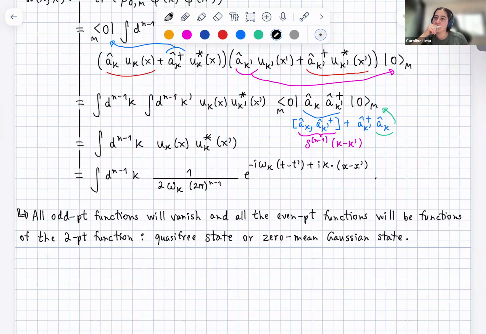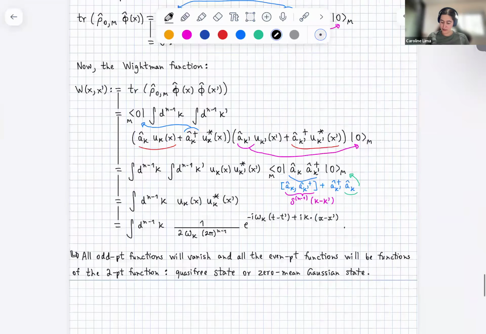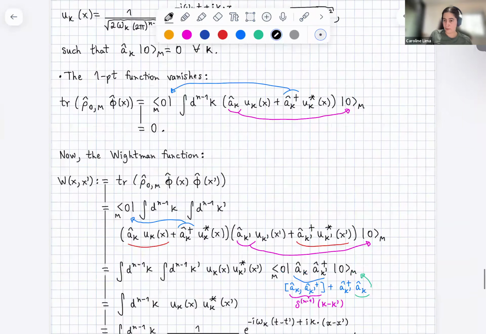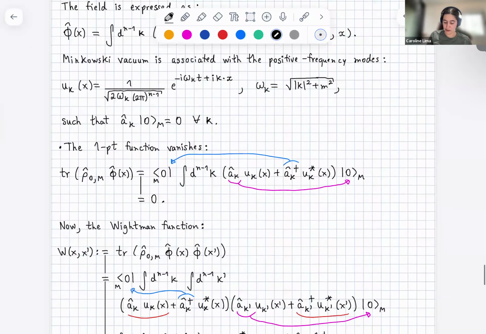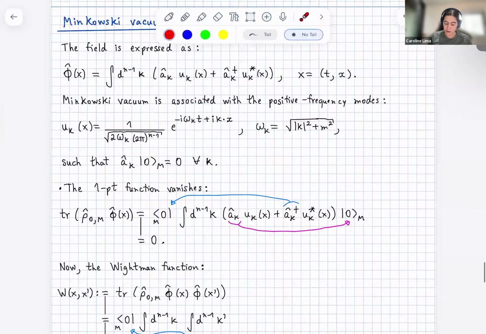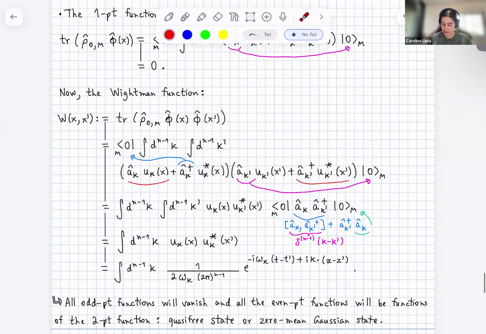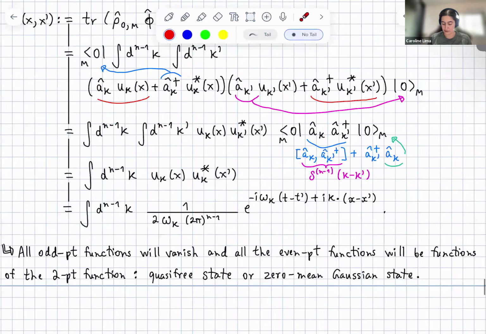I'm not sure if I understand this other question. What happened here is we are using both positive and negative frequencies, right? I wrote the positive frequency here, but that one automatically tells me what the negative frequency is. And if you look at my final result, what I have is a positive frequency one computed at x times the negative frequency one for x prime.